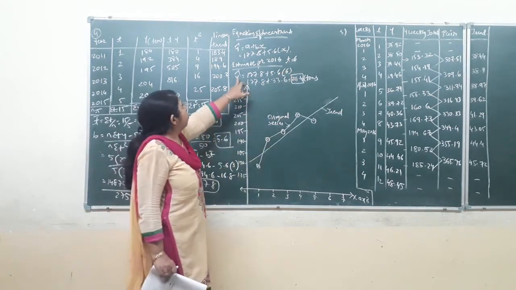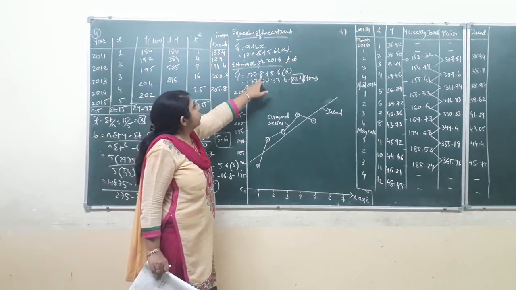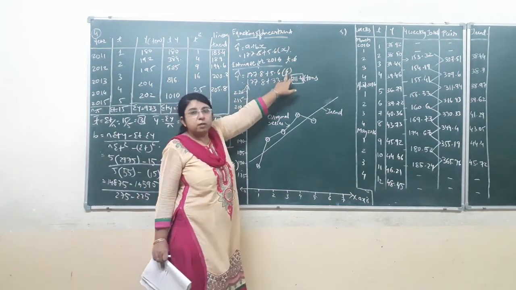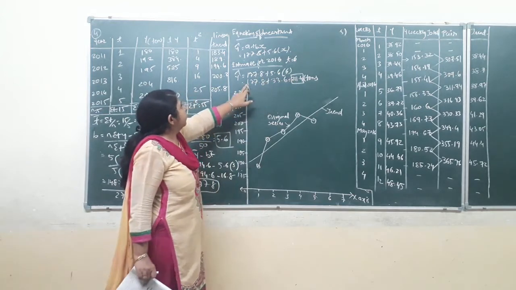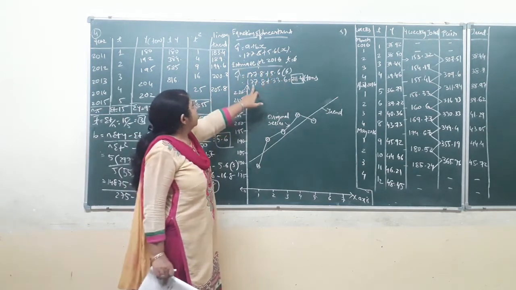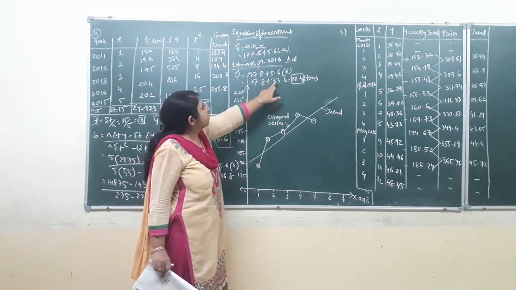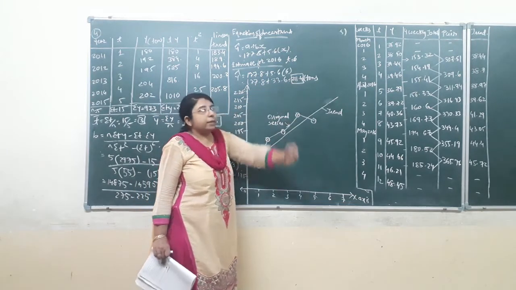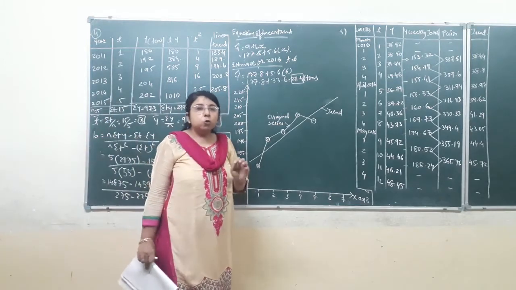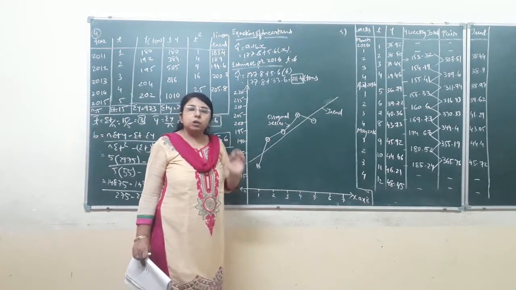So y cap is equal to 177.8 plus 5.6. Now in place of x you will put 6. So you will get the estimated value of y for the year 2016, that is 177.8 plus 33.6. Then you will get the answer, that is 211.4 tons.